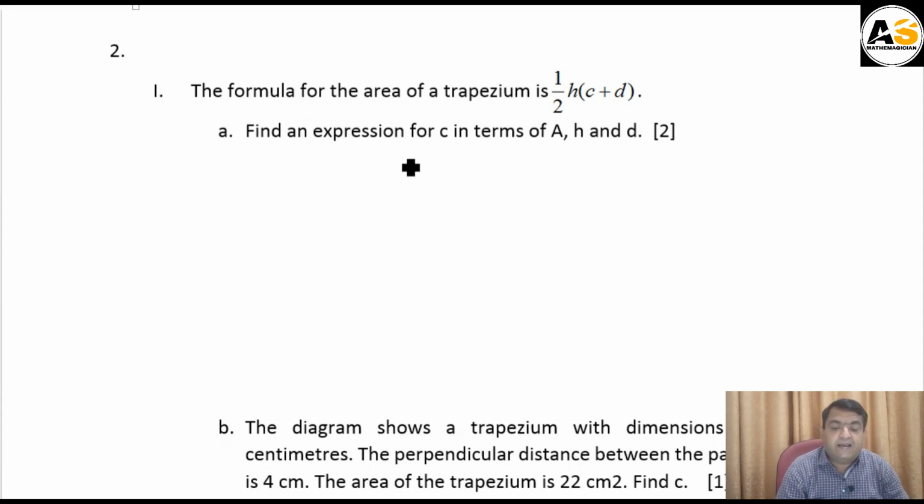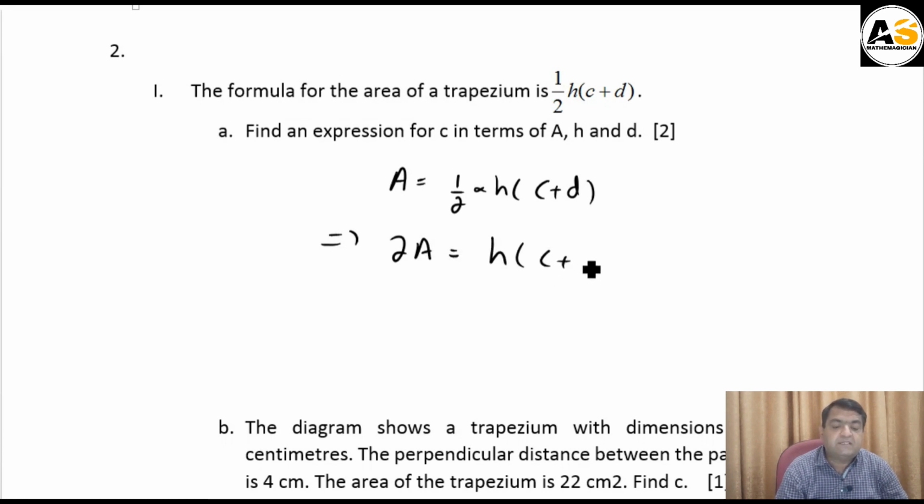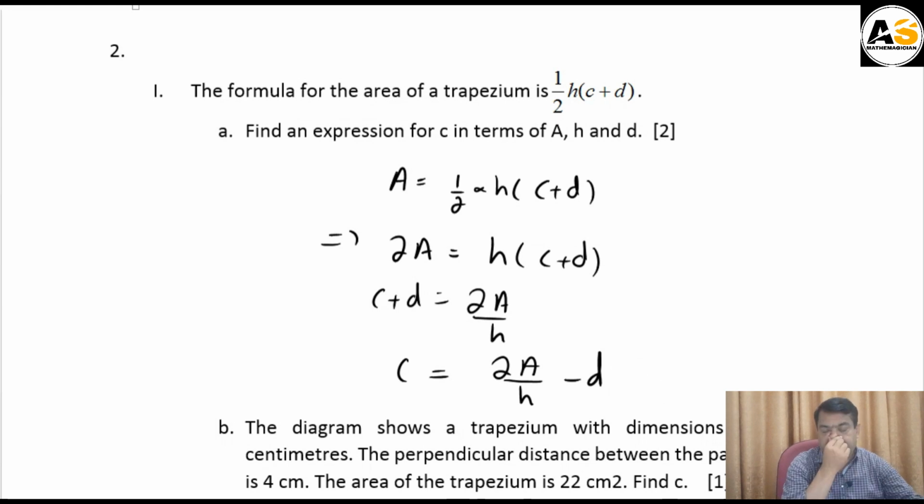So we are given that area is equal to 1 by 2 H into C plus D. From here I will say 2A is equal to H times C plus D, and C plus D will be equal to 2A over H, and from here C will be equal to 2A over H minus D. Part 1 is done. I hope this is clear.